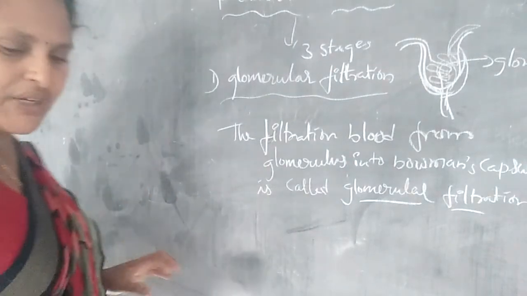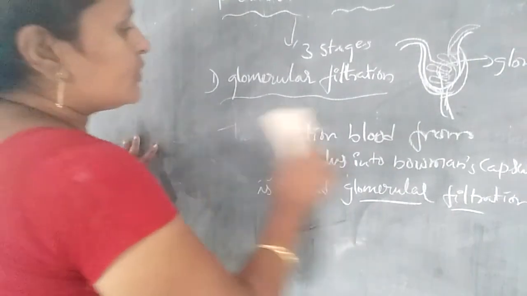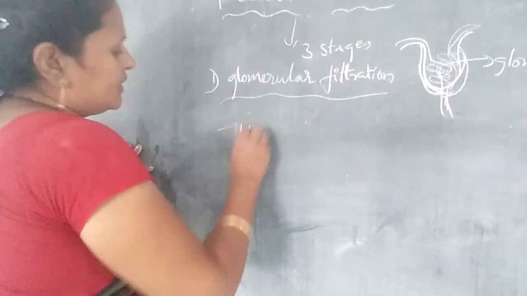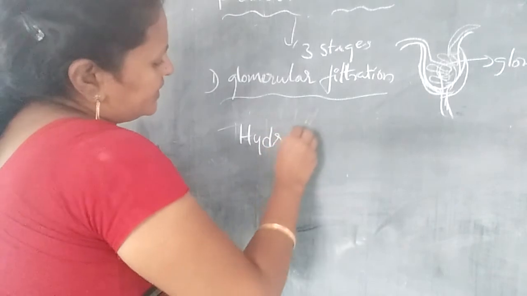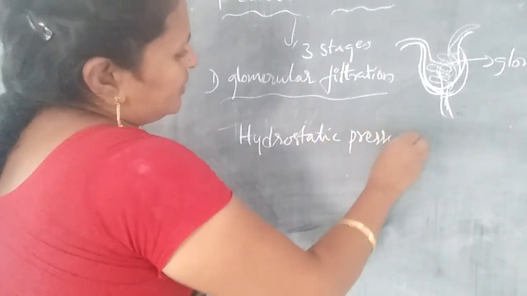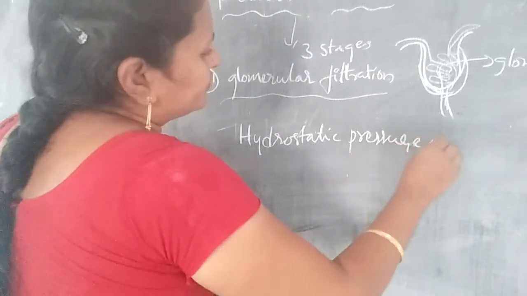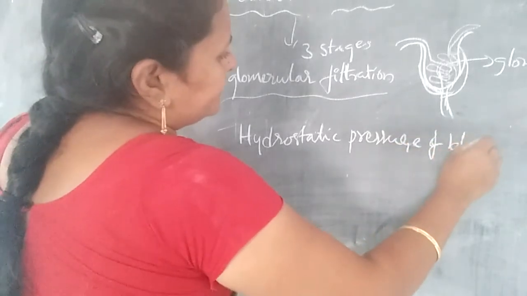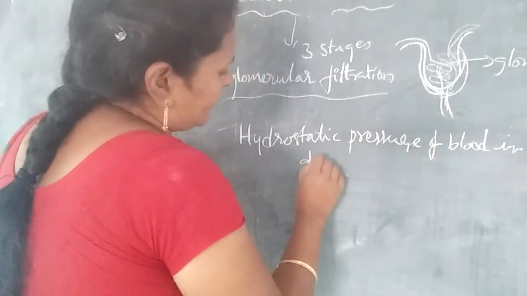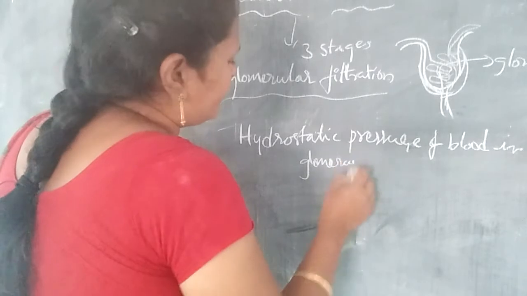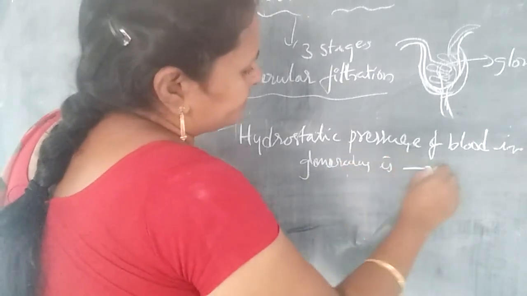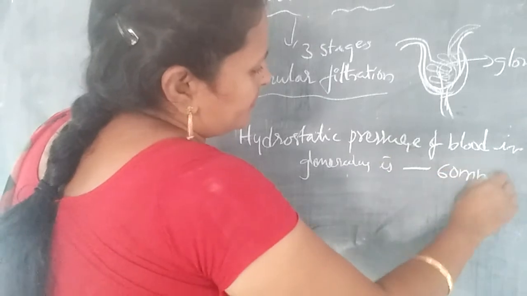The hydrostatic pressure of blood in the glomerulus is 60 mmHg.